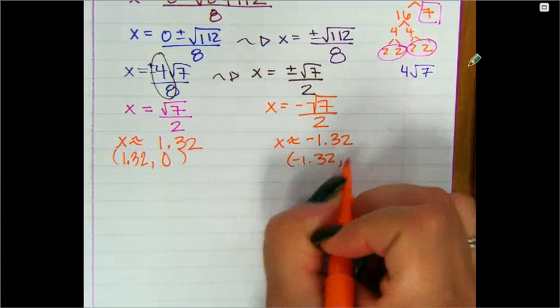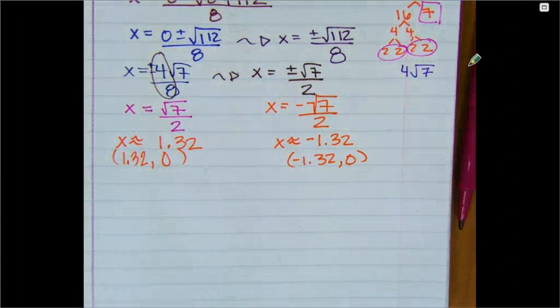Why are the numbers exactly the same? Because the vertex is 0. So if you're at 0, you've got to be equally as far on both sides. One's going to be positive, one's going to be negative. When we do the ND, how do we get to the bottom? Press the arrow down.